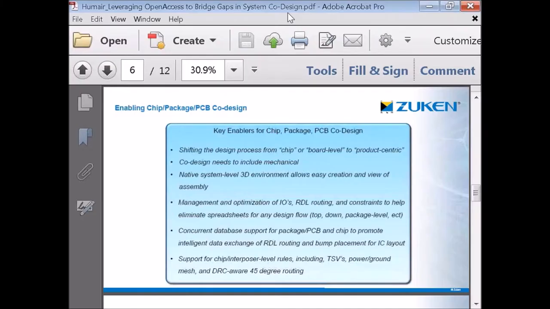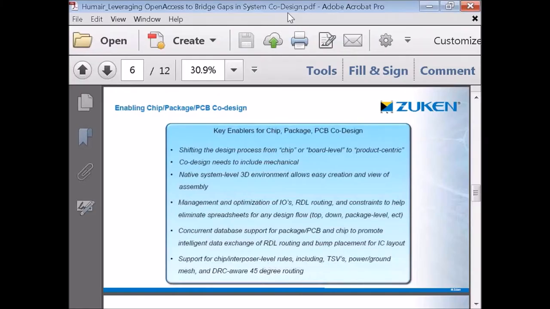And also, again, having a native 3D environment, 3D design element viewing, is the key for being able to visualize the full system. And when we talk about bridging, as we know, the database structures between what's in a package or a board are just way different from what's on the chip side.